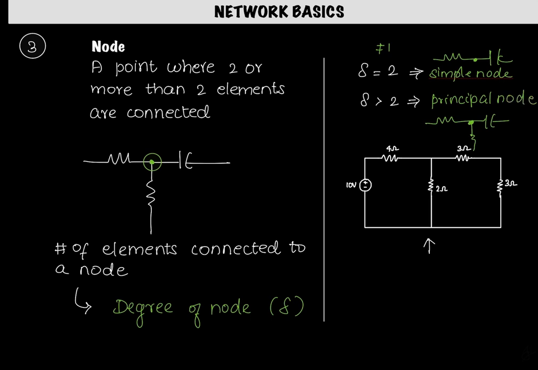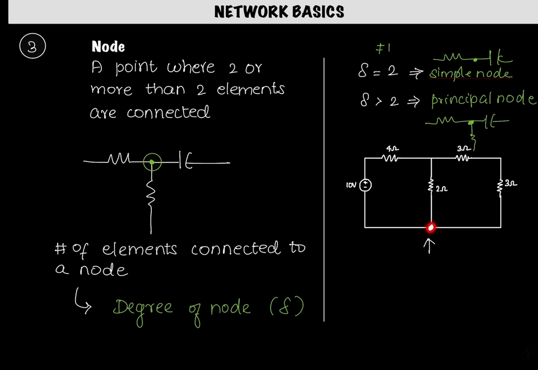We can take this example and compute the number of nodes in this network. This is a node which is connecting these two, this is a node which is connecting these three elements together, and this is a node which is connecting these two elements. And now comes the other part.